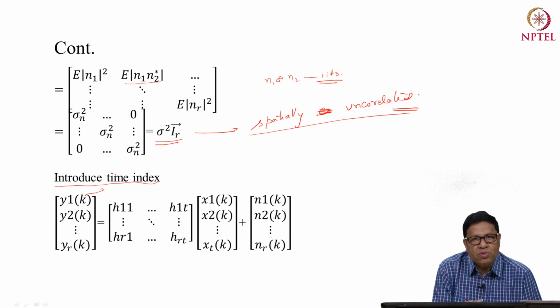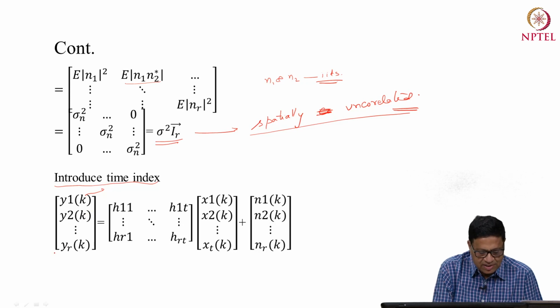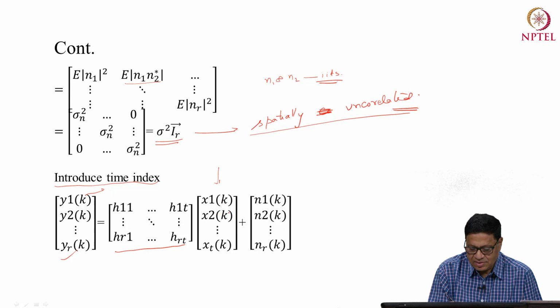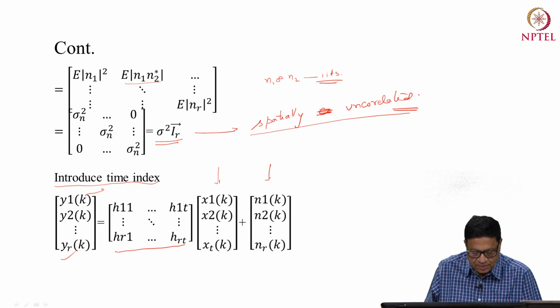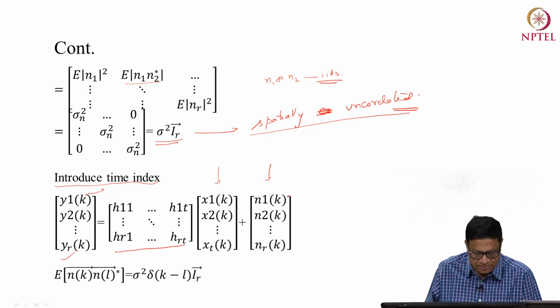We have introduced the timing index here now. y2 at the kth instant and yr at the kth instant is given by this channel matrix for MIMO, times x1 at the kth instant, x2 at the kth instant, plus the noise n1 at the kth instant, and so on. So this equation introduces the timing part in the system model.